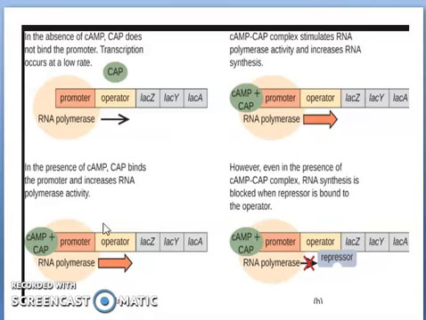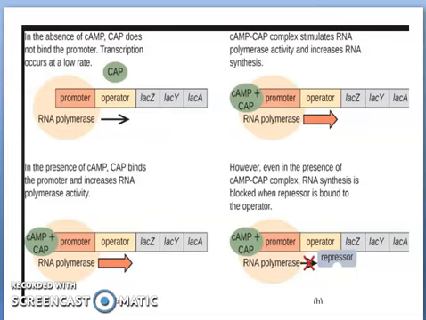When cAMP and CAP are bound in the promoter region, further transcription takes place at a high rate. But when the repressor molecule comes and binds to the operator region, even in the presence of cAMP and CAP in the promoter region, it will not allow further transcription for the formation of the proteins.